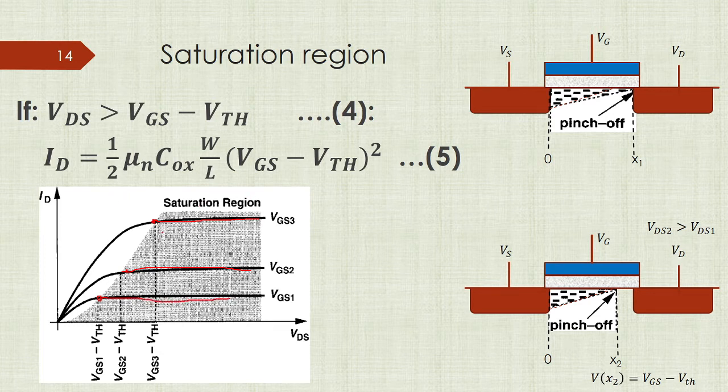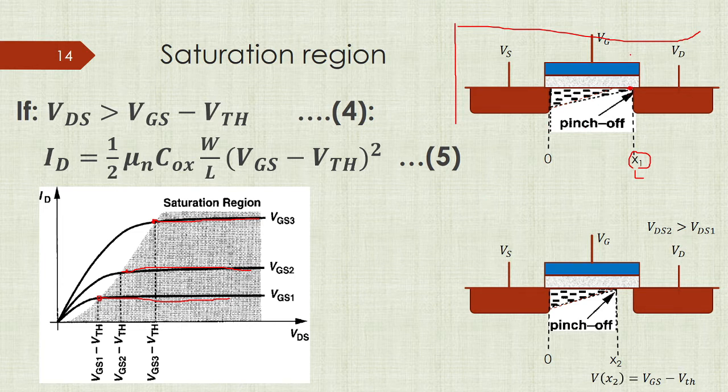When VDS is equal to VGS minus VTH, it refers to this graphic here, and what happens at this point is that the gradient of charge exactly finishes at the end of the channel length, at this point L here. When the gradient of electrons finishes there, it is called pinch off.